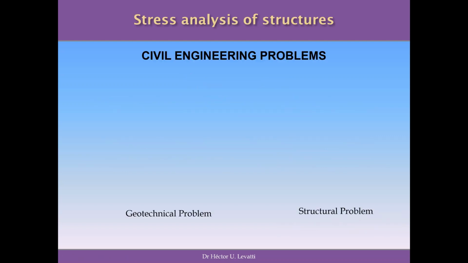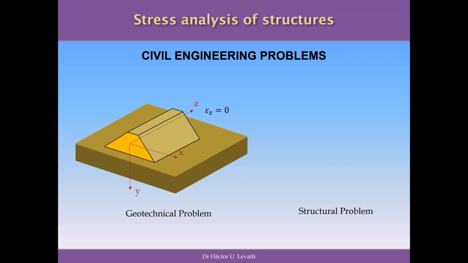In the first place, I wanted to talk about the difference between geotechnical problems and structural problems. When we're talking about geotechnical problems, we think automatically of soils, because we are talking about foundations, or a dam, for example, made with soil material.